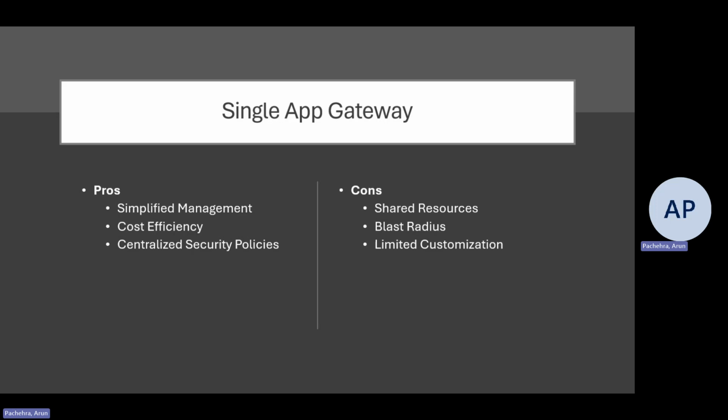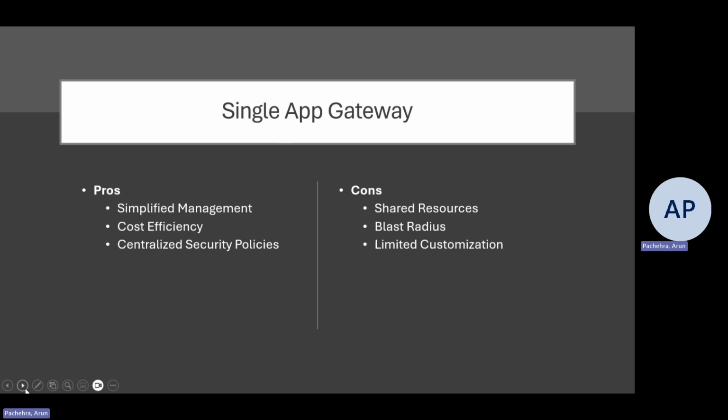Then the blast radius, which means a configuration error or security issue in the app gateway could potentially affect all applications routed through it because it's a single one at the front. Then we have limited customization. Customizing WAF rules or settings for individual applications might be challenging, as changes could impact all applications which are using the shared app gateway. So these are the pros and cons if you're utilizing a single application gateway.